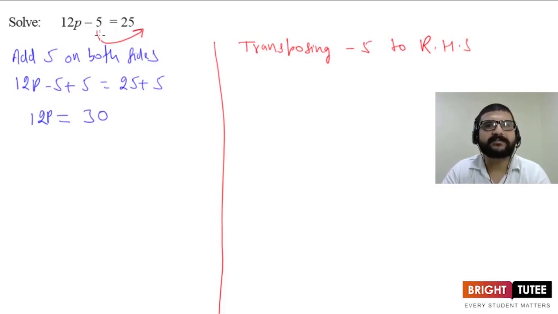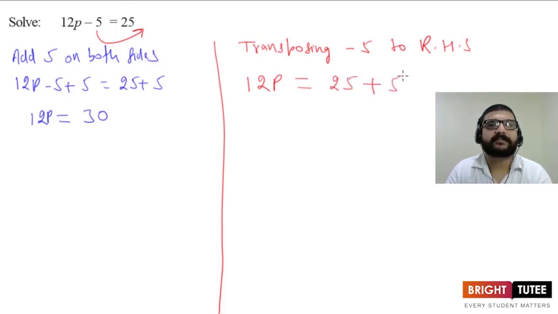Now this minus will become plus when it is transposed. So the equation will become 12p, this minus 5 is transposed here and it becomes plus. So this gives us 12p is equal to 25 plus 5. That minus 5 became plus 5 here when it is transposed. So now we will get from here 12p is equal to 30.